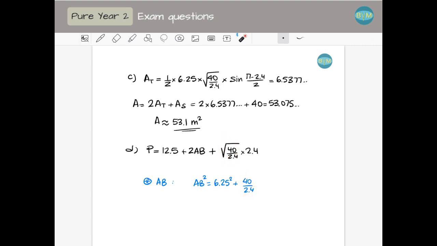And just reminding you that I don't want to use the rounded values. Minus 2 times 6.25 times root of 40 divided by 2.4, just using the cosine rule, times cosine of 0.37, which is not really 0.37, this angle here.